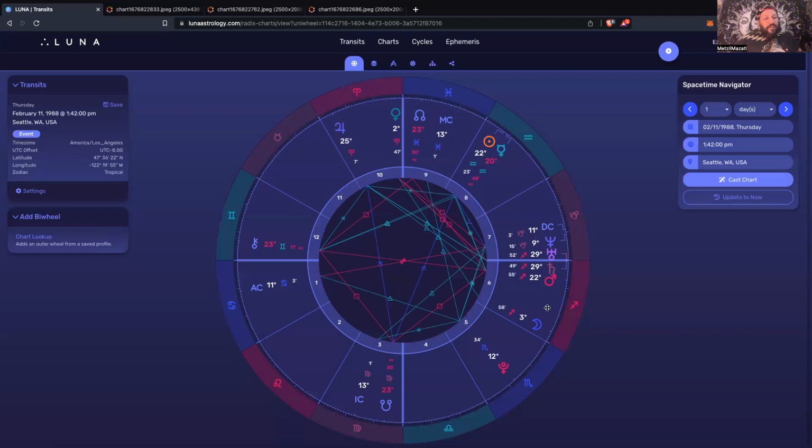And then we have the co-ruler Saturn. So Saturn is more playing in the background, following the sun's lead, and saying, okay, this is what you need to do to really put effort into something that Saturn wants to teach over a long period of time.